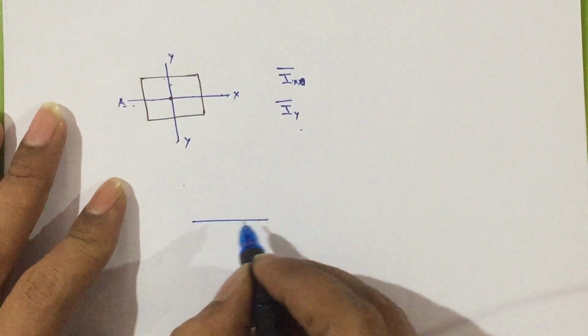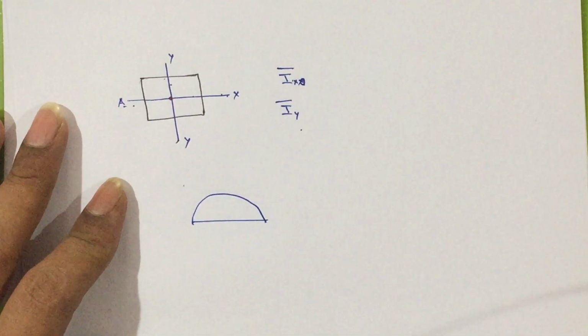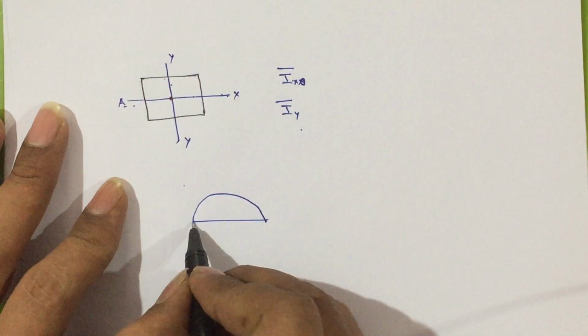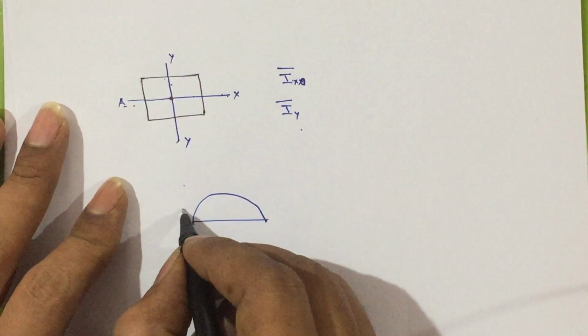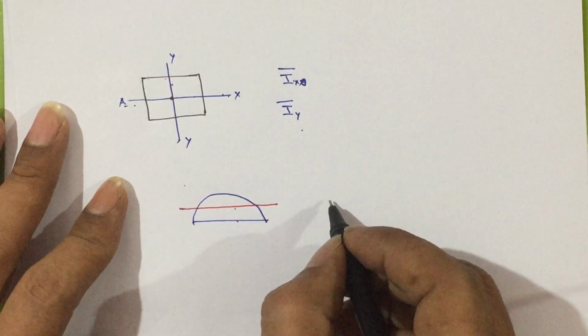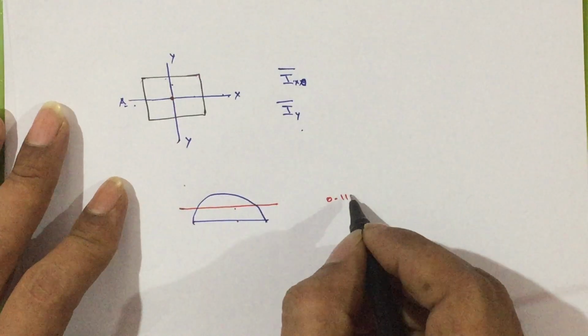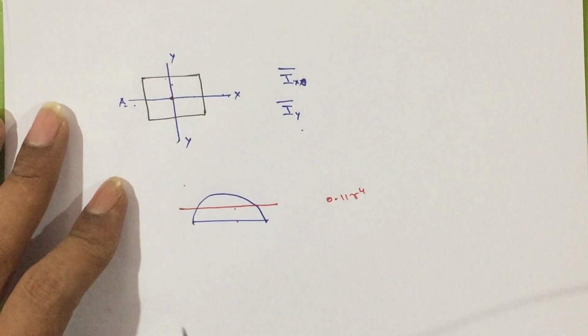Then for semicircle, suppose consider this as the semicircle. Here this one is the base. So, if the given axis is parallel to the base, you will get the value in terms of decimal, that is 0.11 r to the power of 4.